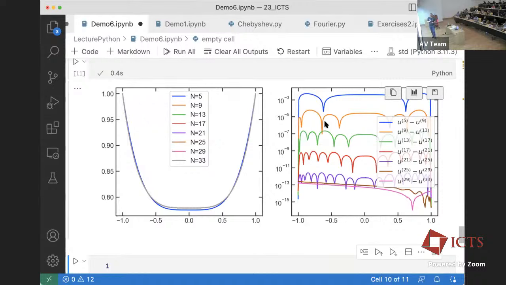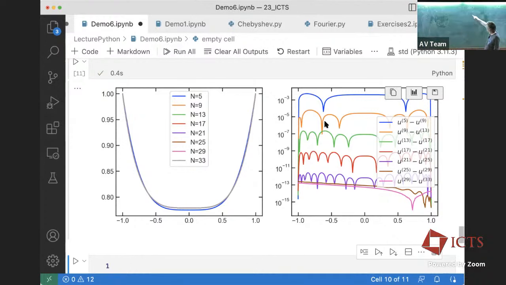The difficulty comes about because of the derivatives. It turns out if you take a derivative of a Chebyshev polynomial, what you get back is of order k squared. So if you want to take second derivatives, you get back order k to the fourth.